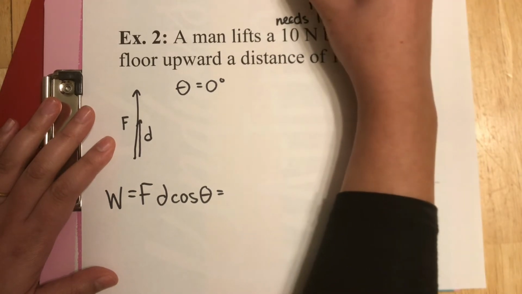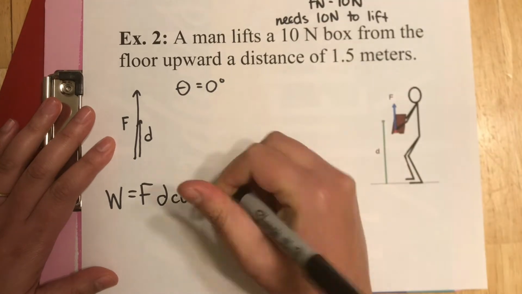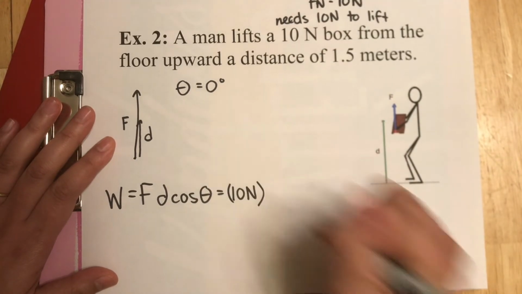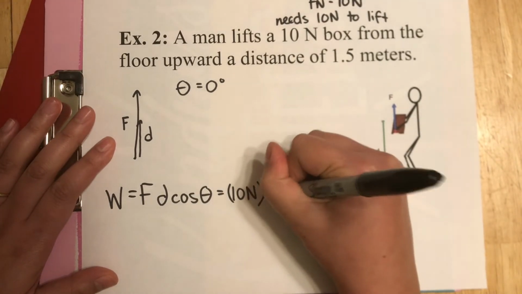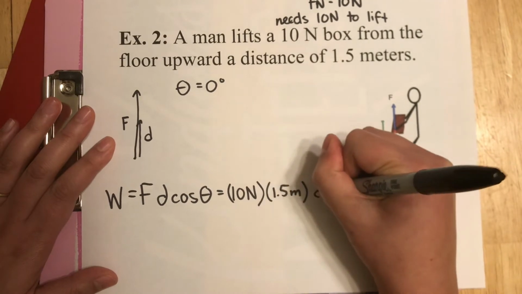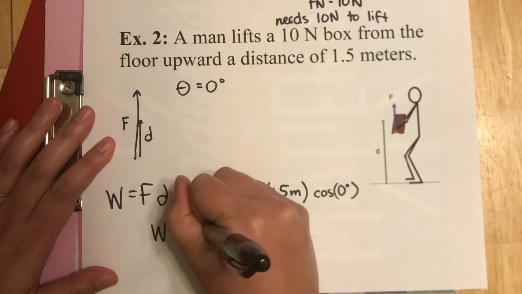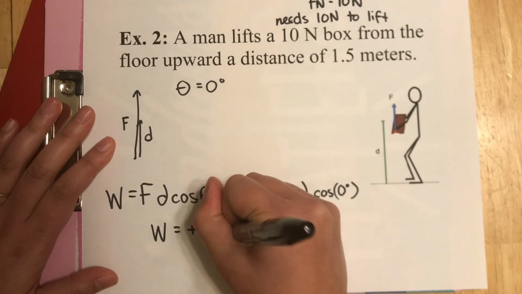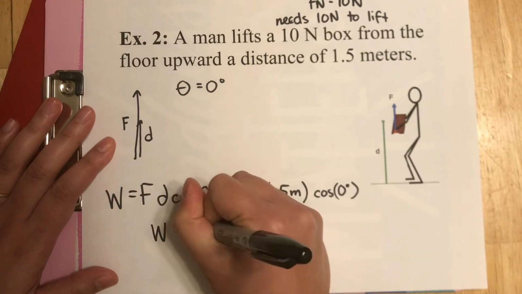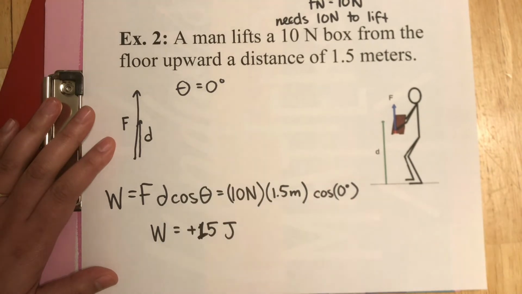I need to apply 10 newtons of normal force in order to lift it. So I'm putting in 10 for my normal force. D is going to be 1.5 for the distance traveled. Cosine of 0 degrees is going to be 1. So that's 10 times 1.5 times 1. Oh, let's make that look like a 15 there.